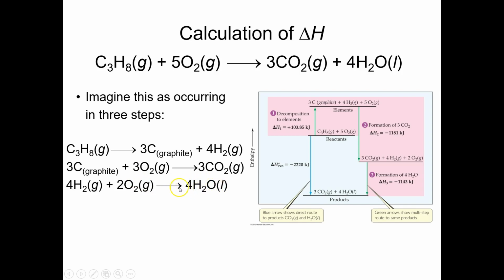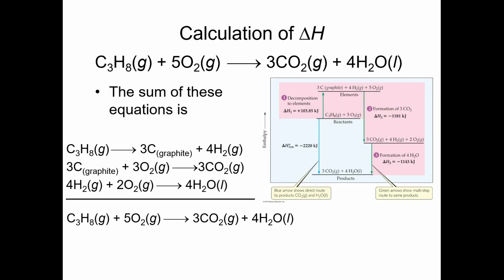If you add all these things up, the carbon cancels out the carbon, hydrogen cancels out the hydrogen, and you get propane plus oxygen gives you carbon dioxide plus water. Once more, the reaction doesn't actually occur this way, but because of Hess's law and the state function nature of all these things, we can treat it mathematically as though it occurs this way. And it adds up to the balanced equation.